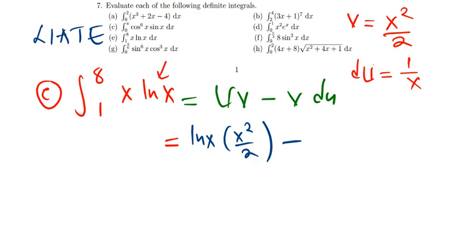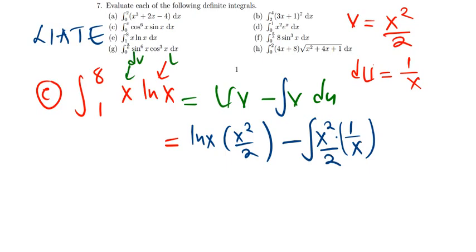So our v is x squared over 2, and our du is 1 over x. Sorry for that, I needed to indicate this is dv. This is our u, our v is that. I apologize.